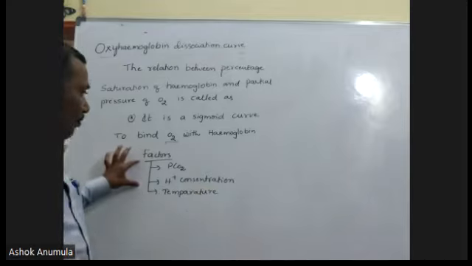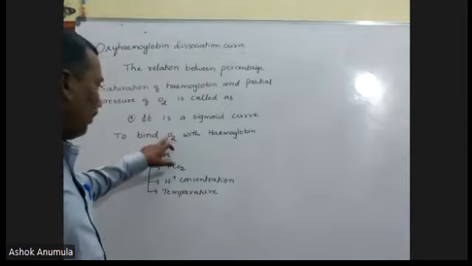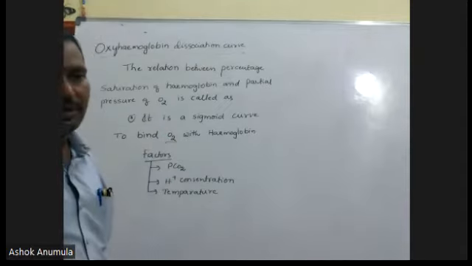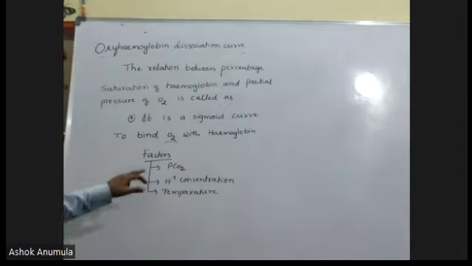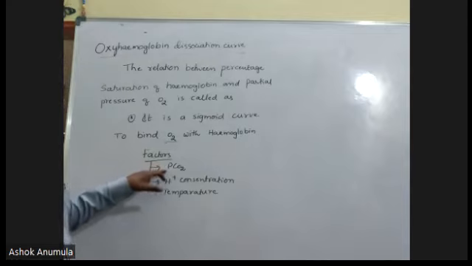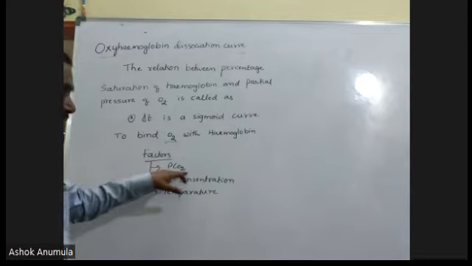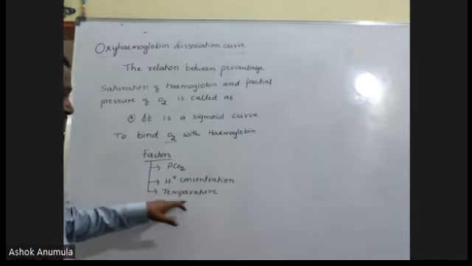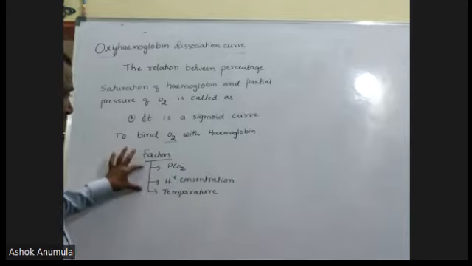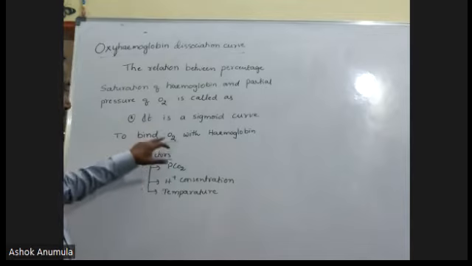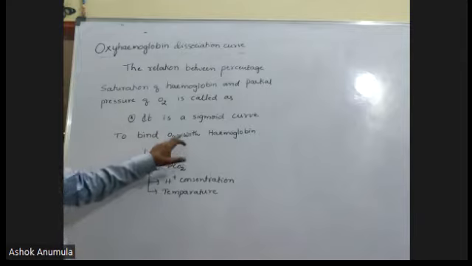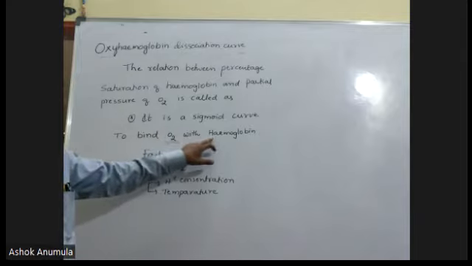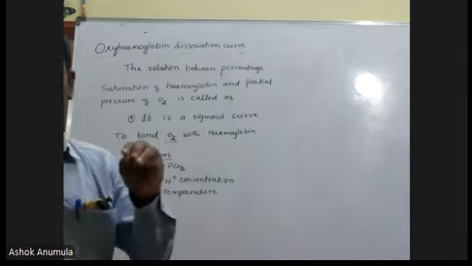These three factors are involved in the binding of oxygen with hemoglobin. When oxygen binds with hemoglobin, oxyhemoglobin develops.